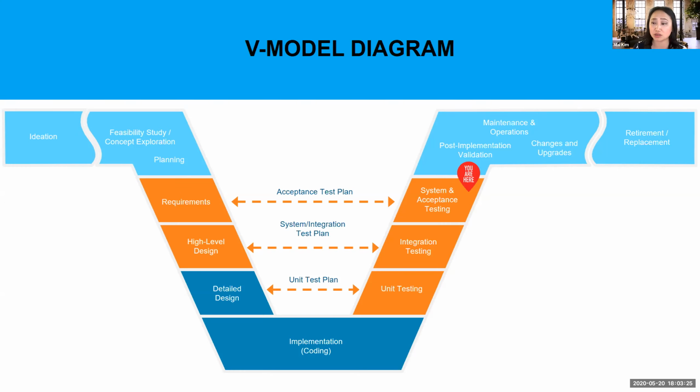And so once all of those items on the left side happen, what typically takes place is unit testing. So unit testing is typically done by a developer, and it's them just testing their specific piece of code to ensure that they coded it correctly and it meets the expectations of the requirements.